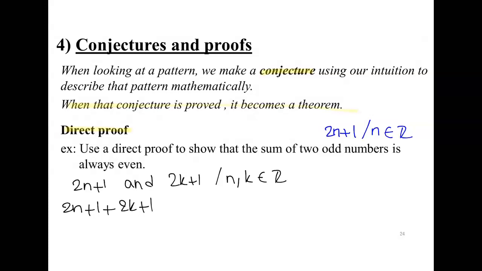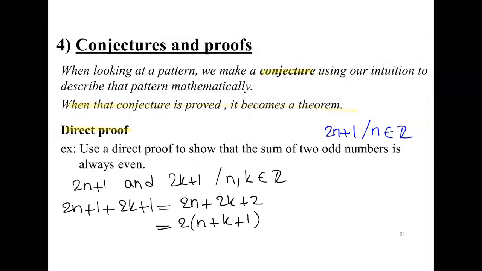2n plus 1 plus 2k plus 1 is 2n plus 2k plus 2. Now, in order to prove that this is even, this should be divisible by 2, which means that we should be able to write it as 2 times an integer. I notice that I have 2 as a common factor here, so I factor it out. I end up with 2 times n plus k plus 1.